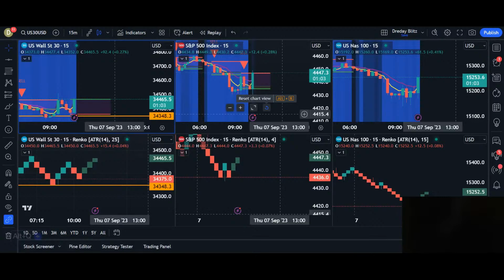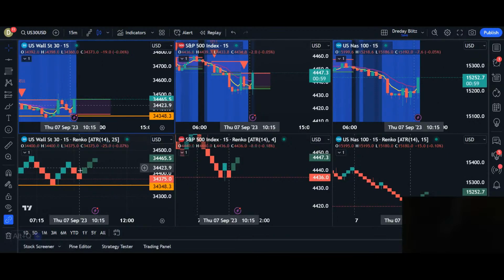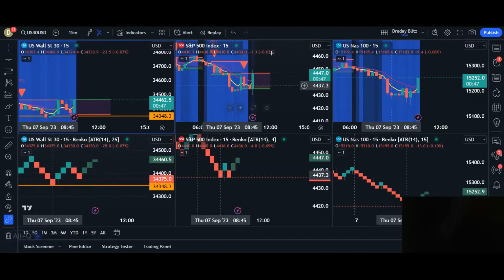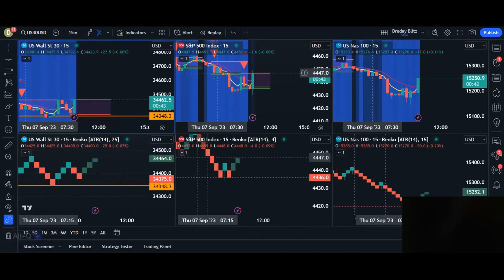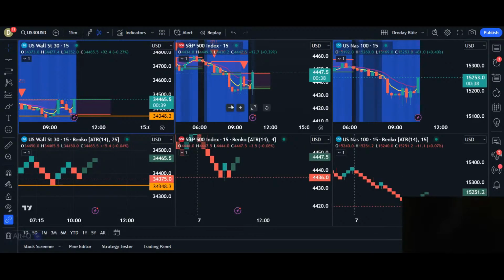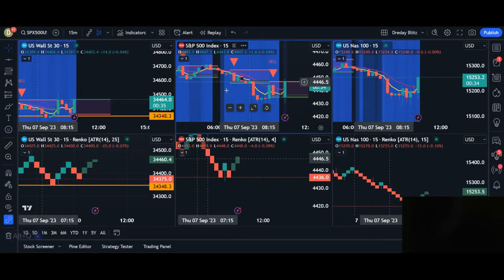If you look at the chart, you're going to see that I put some Renkos here. The Renko is really based off of the market movement and not the time frame. Especially if you're trading off of candlesticks like this, those move. I'm going to zoom in on the S&P 500 to give you some clarifications here.